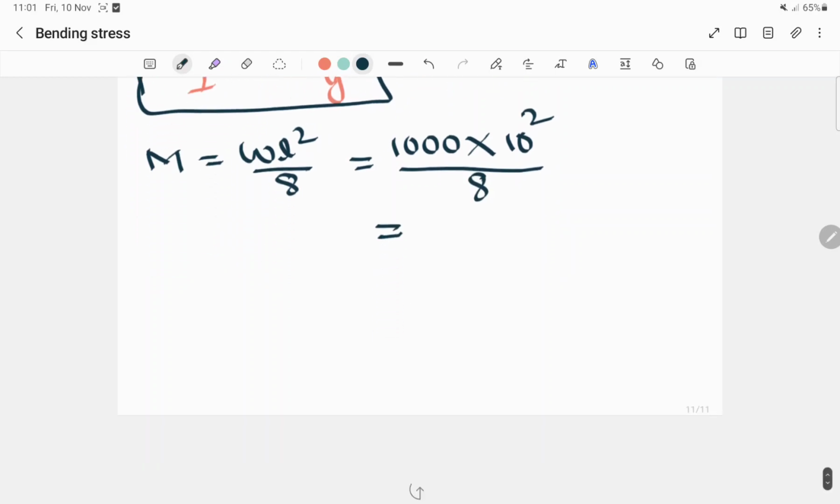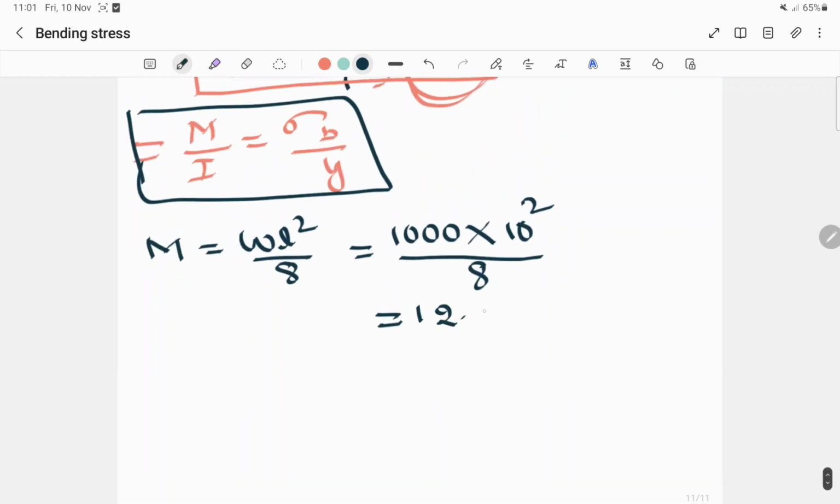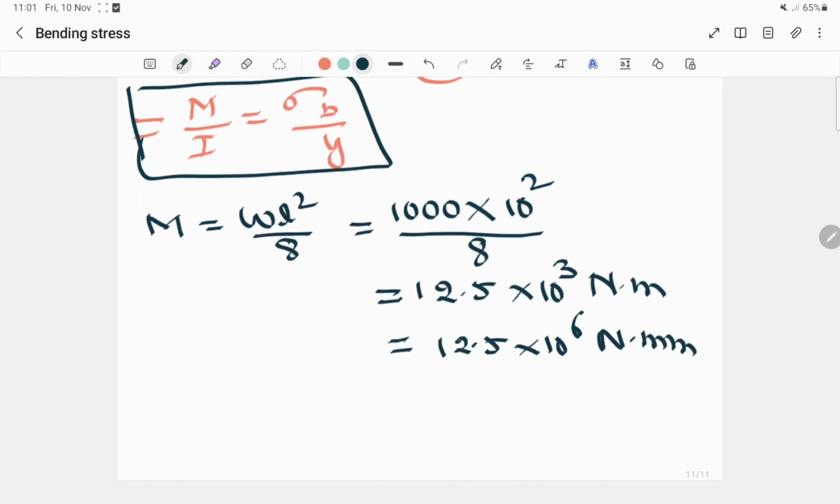We'll get a value around 12.5 into 10 to the power 3 Newton meter. Now we have to convert it into Newton mm, so 12.5 into 10 to the power 6 Newton mm.